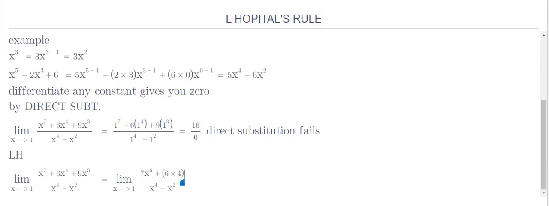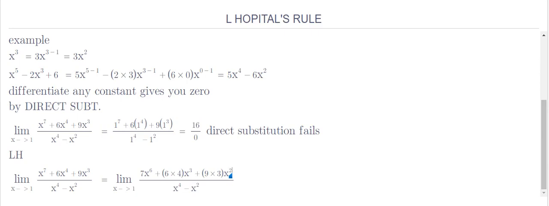Then write the function x, lower the power 4 by 1, becomes 3. Then plus, bring the power down, so it is 9 multiplied by the power 3. Then write the function, lower the power by 1, 3 minus 1 is 2.